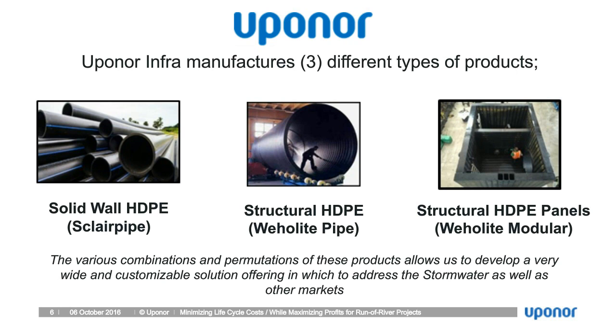And then from that, we manufacture structural HDPE panels or Weholite modular, with which we can construct or fabricate things such as vault chambers, surge tanks, stormwater retention chambers, weir walls, and other components that are used within hydro applications. The combination of these allows us a unique offering to our clients by producing customized solutions for their needs.